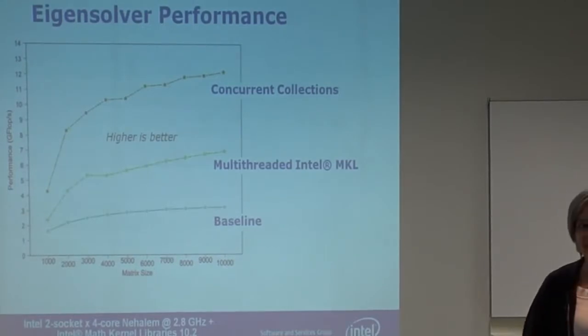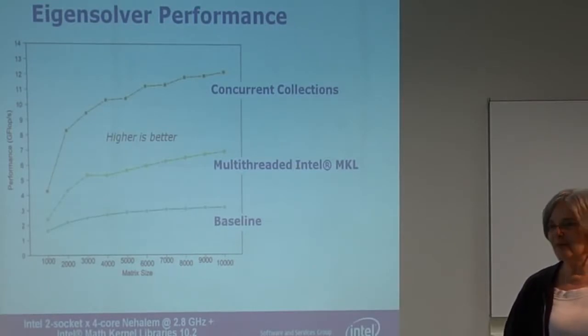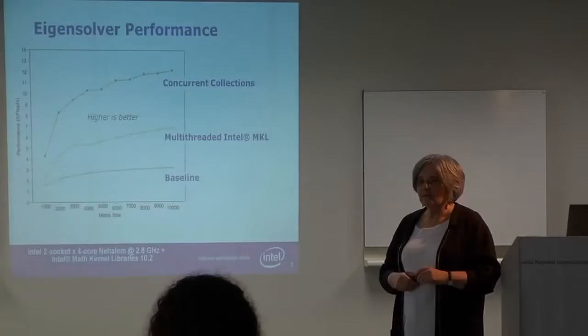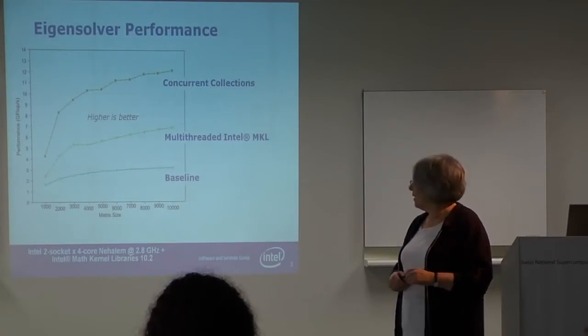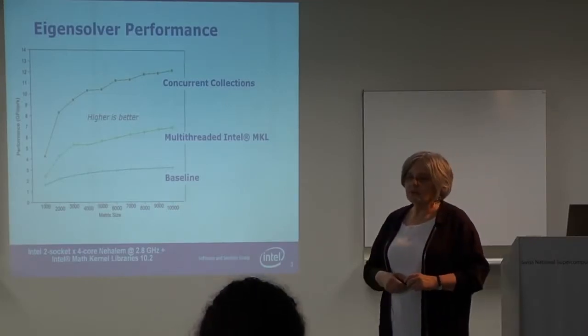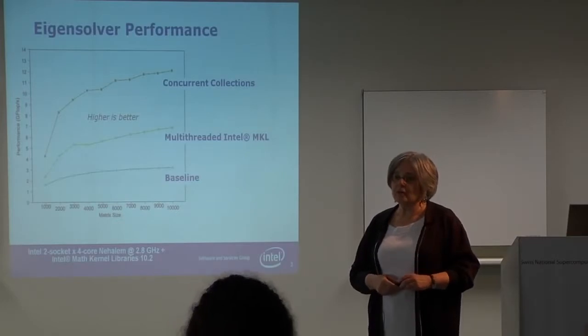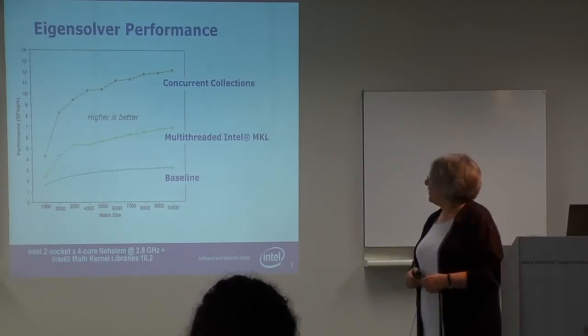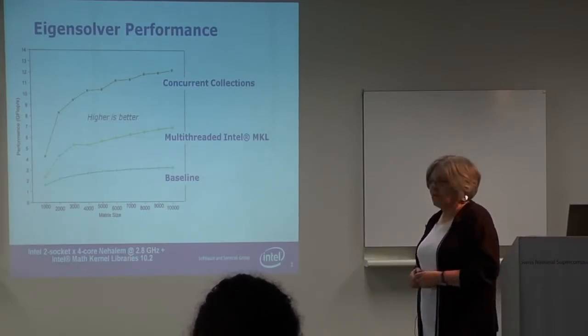I should say I'm hoping this is interactive. It's a small group, and I'll take questions anytime. Just shout out. Okay, good. You're only doing this on one two-socket four-core processor, or is this for these experiments? For these experiments, that's what we did. We certainly plan to work on bigger things, maybe with your help. MKL is on version 11 now.